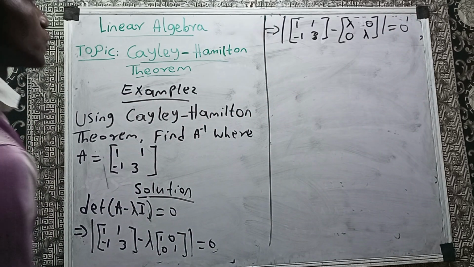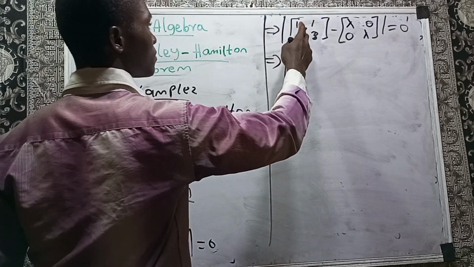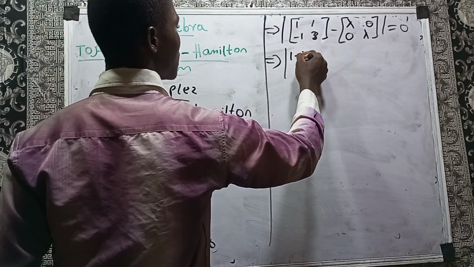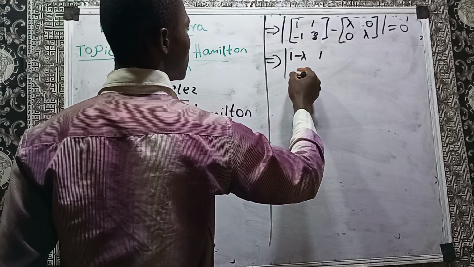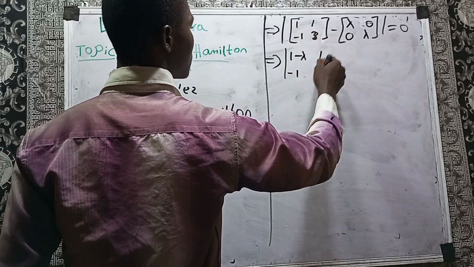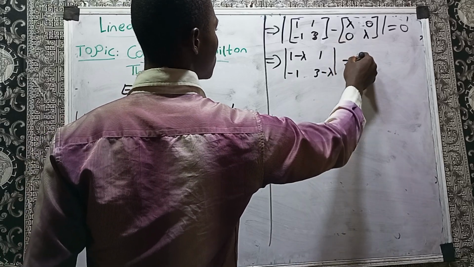So this is what we have. So this implies determinant of, let's subtract: 1 minus lambda, 1 minus 0, 1, negative 1 minus 0, negative 1, 3 minus lambda, determinant equals 0.